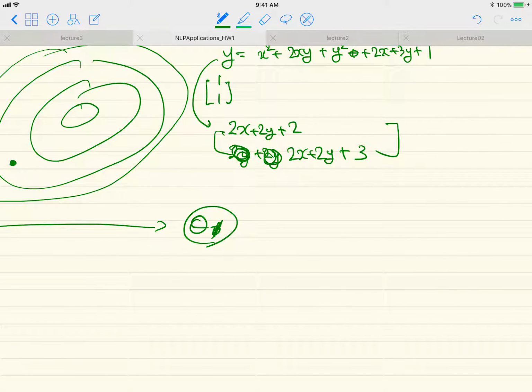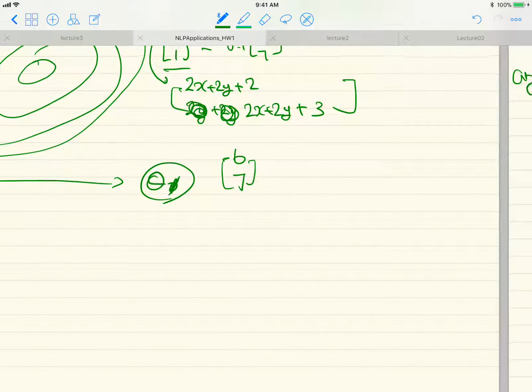So (1, 1) will have a gradient of (6, 7), right? And then we will update it by using this, right? So this is the typical gradient descent, but the coordinate descent works as follows.